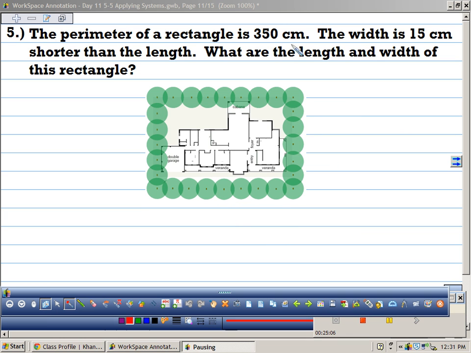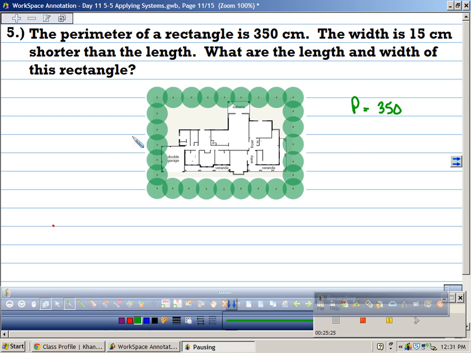So the perimeter of a rectangle is 350. What does perimeter mean? The area around it. Not area around, that gets confusing. More specifically, it's all the way around it, the distance around it. So if the perimeter is 350, I usually have width, width, length, length, right?